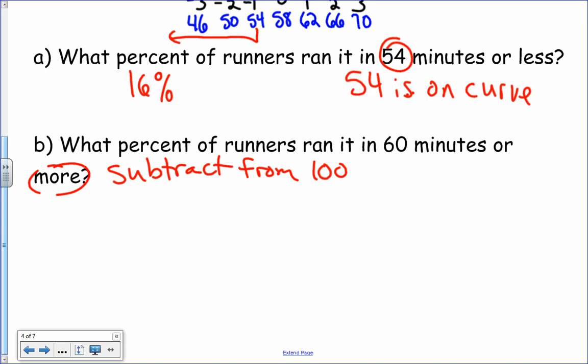So I know some of you are still working on 60. I'll give you a couple minutes, then I'll put it up there. Should have a positive z-score on this one.